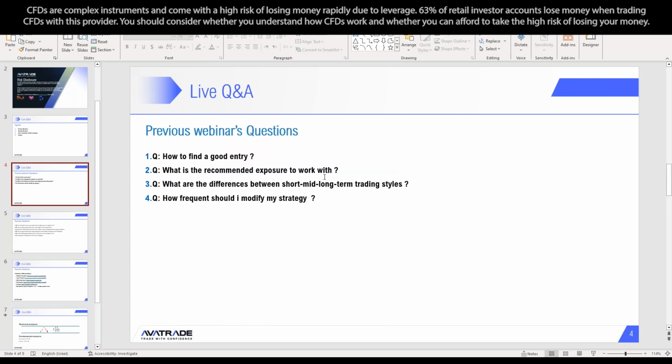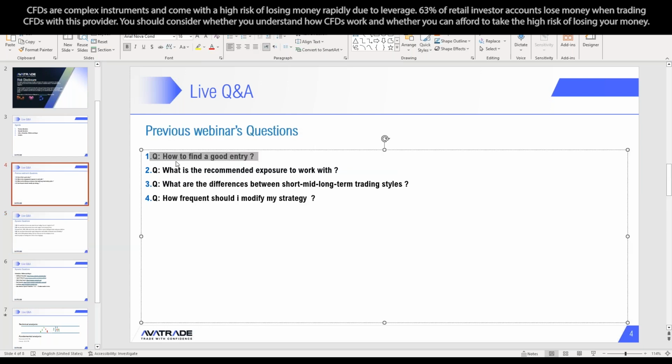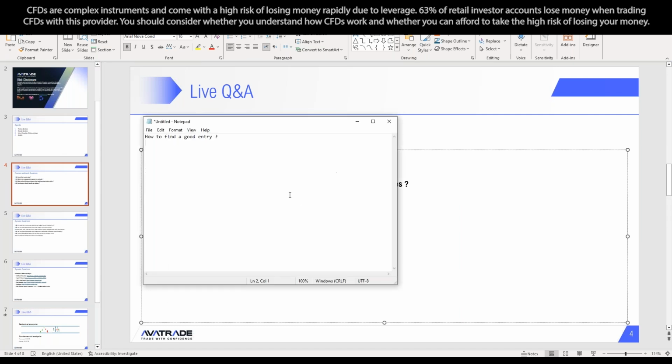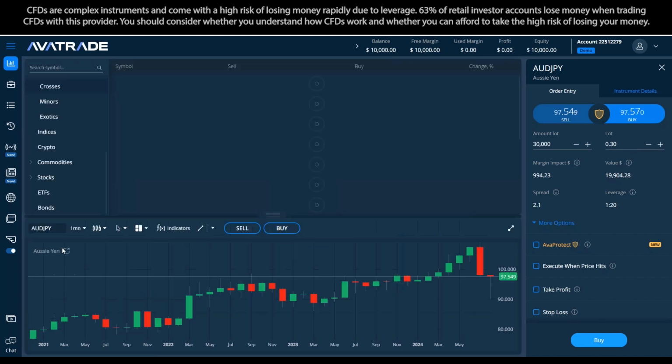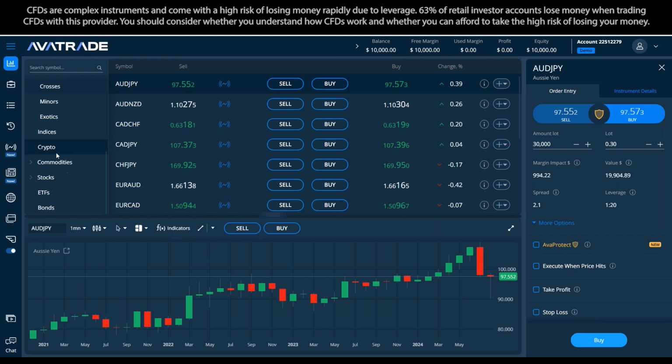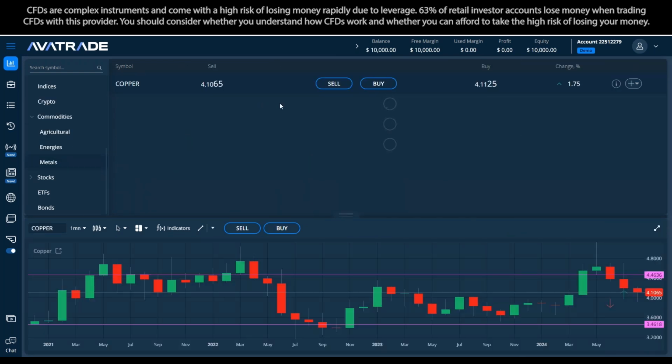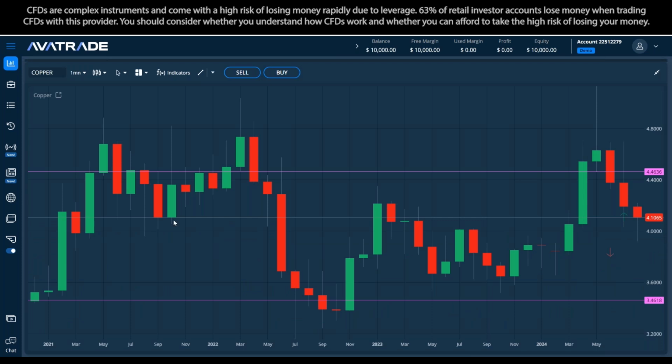All right, so like I said, let's go one by one. Our question is how to find an entry, and we are now looking at AUD JPY. Let's get ourselves something a little more physical to analyze, maybe. Oh, that doesn't look too bad. Yeah, we got copper here.